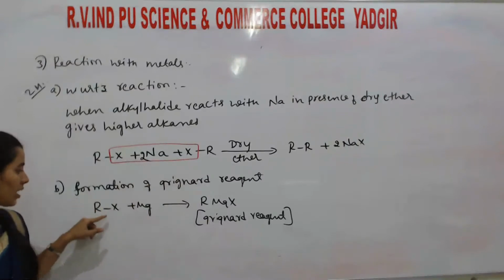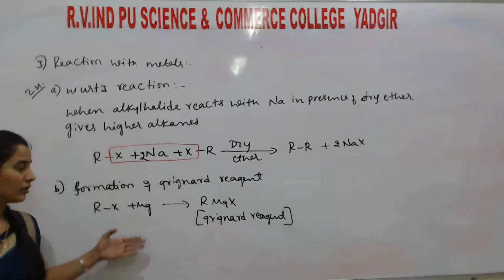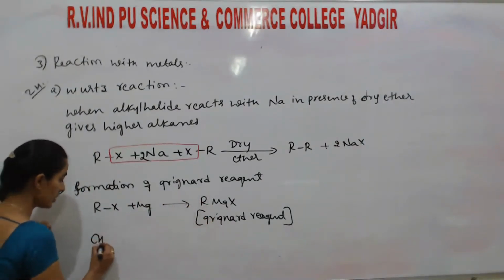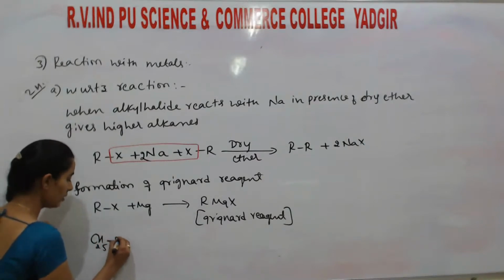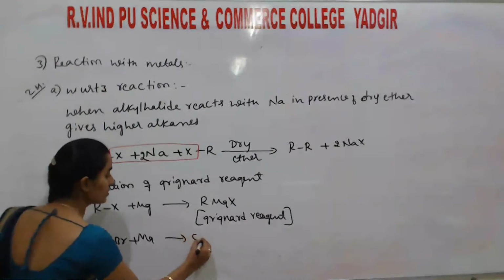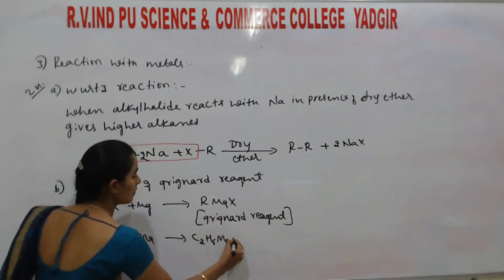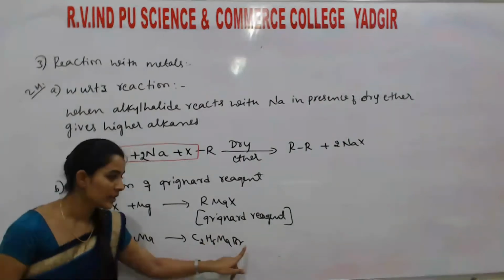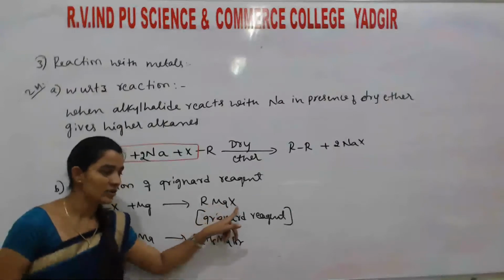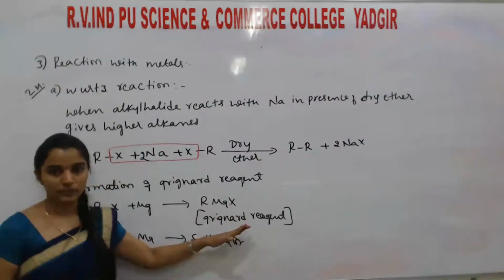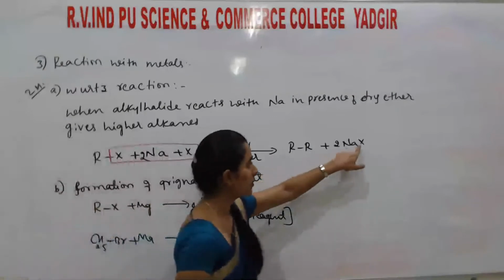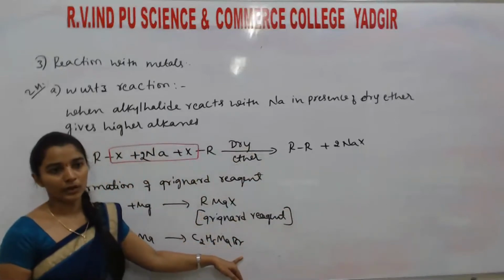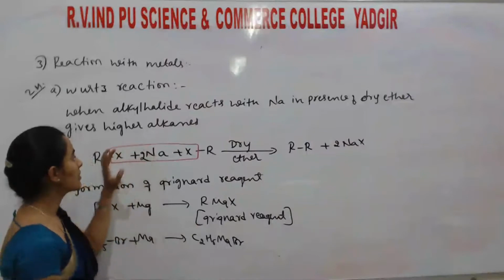By replacing this R and X by any alkyl group and any halogen, you may write the name. So listen, instead of this, take C2H5Br plus Mg. The answer is C2H5MgBr. How to write the name? Ethyl magnesium bromide, alkyl magnesium halide. Same as sodium chloride, NaCl. Similarly here ethyl magnesium bromide. That is Grignard reagent. This is the reaction with metal.